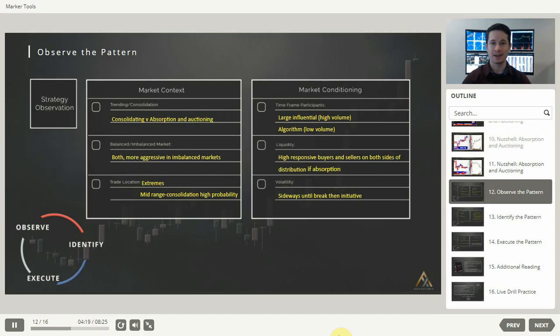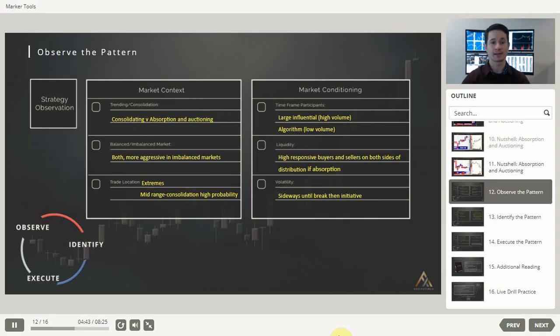We spoke about the key difference being the relative volume. We also spoke about dark shades with regards to absorption and auctioning, as well as the potential for extension. So obviously, for the strategy of absorption and auctioning, we do want to see those dark colors, and we want to see not necessarily trending, but definitely not consolidation.